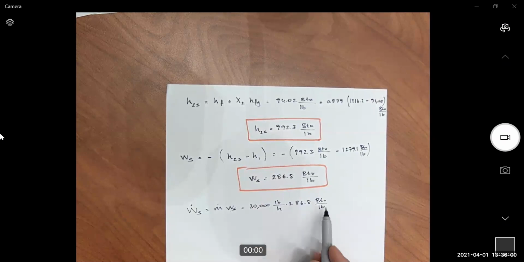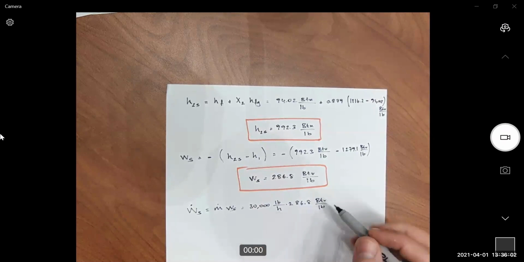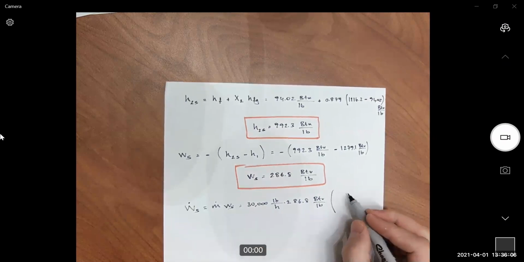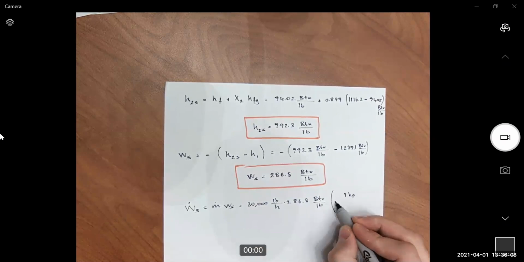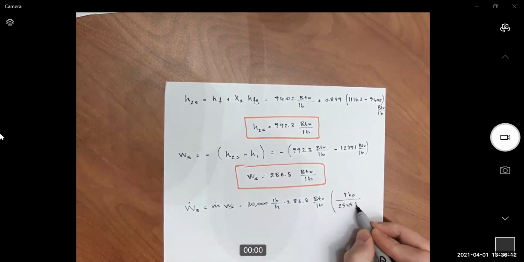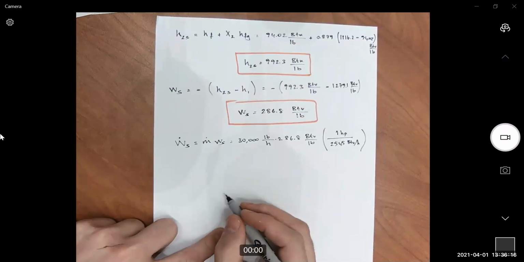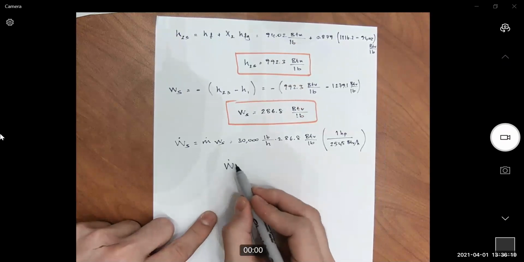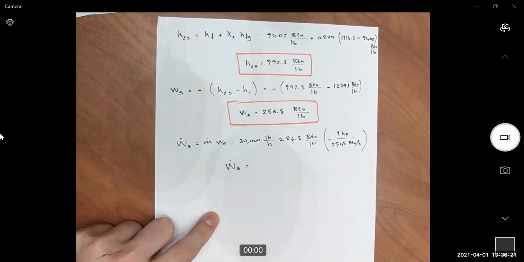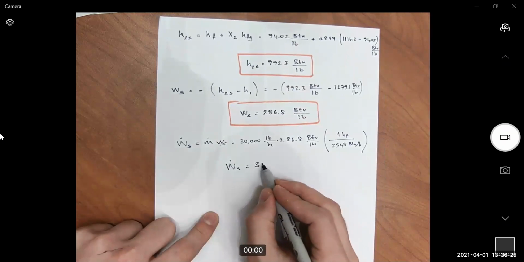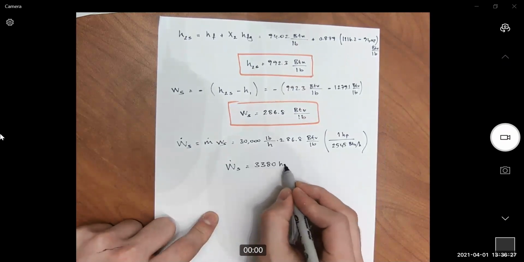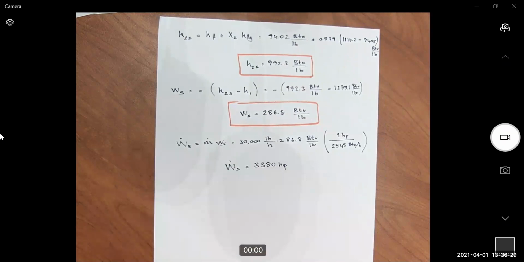That gives me BTU per hour. I need to convert this to horsepower. 1 horsepower equals 2,545 BTU per hour. Work produced in this turbine will be equal to 3,380 horsepower. Okay.